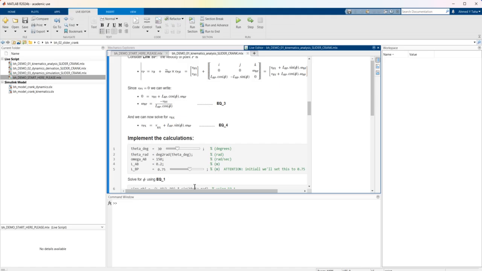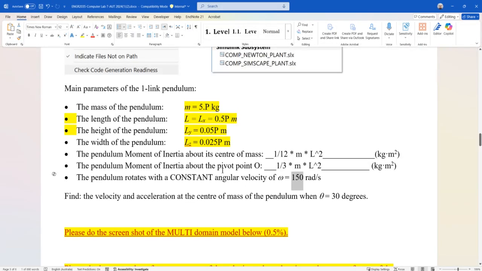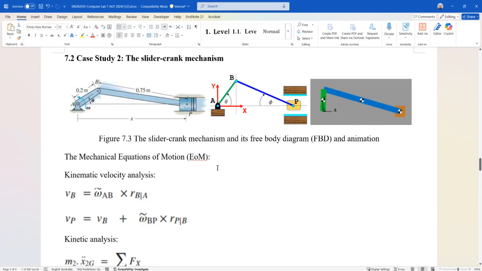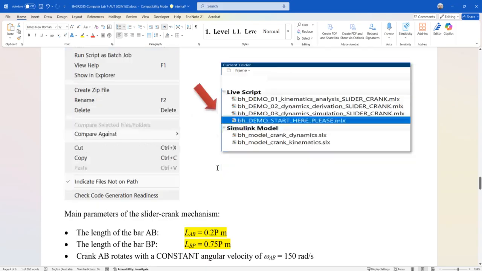So we mentioned that theta was 30. We're going to keep that. And here we have omega equal to 150. The length is going to be 0.2, and the other length is going to be 0.75. Let's go back to the sheet and see what parameters you need to find.